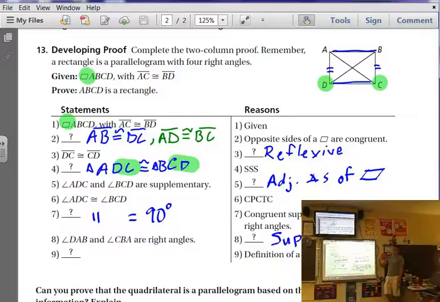I sometimes go beyond. This is why I became a math teacher. Seems really redundant, because we've already established that. Yep. So you don't have to, but I like to tie it all up pretty with a nice little bow on top and say it's a parallelogram with right angles. It makes it a rectangle. But you already know all that, so you could just say, I think.